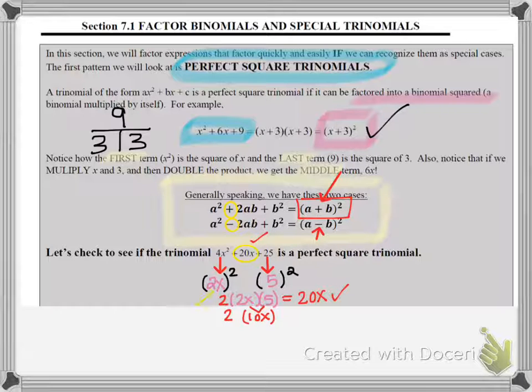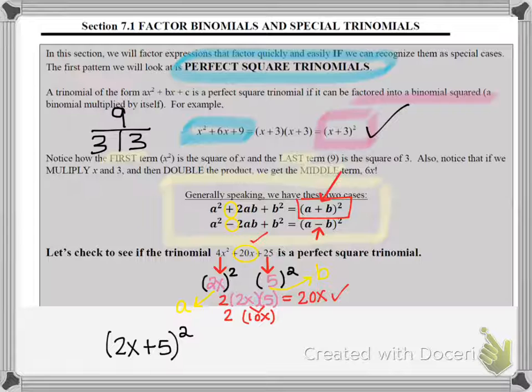The a is my 2x and the b is my 5. So that 2x and that 5 make up my final answer. Believe it or not, I'm ready to write my answer: 2x plus 5 quantity squared.